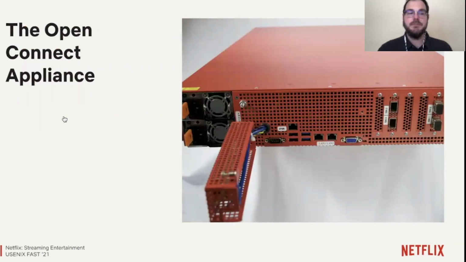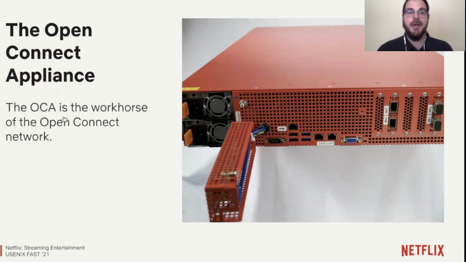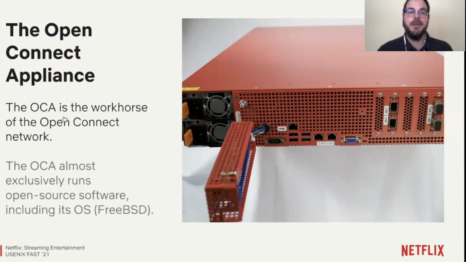The Open Connect appliance, or OCA, is the content cache which holds our data files and delivers them to the end users. The OCA is the workhorse of the Open Connect network, and it runs almost exclusively open source software, including its operating system, which is based on FreeBSD.